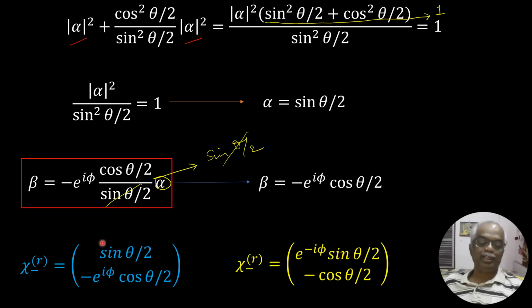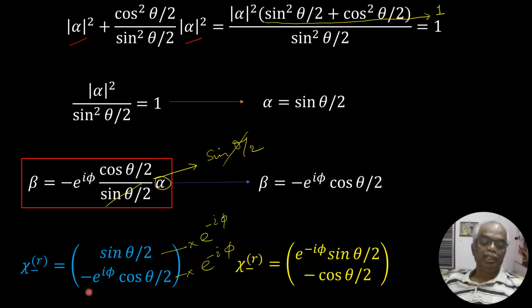The phase is different from the one which is given in the answer. So you have to multiply this by e to the power minus i pi, and here also multiply by e to the power i pi. This is after all a phase factor. Just changing the phase factor, your result will not change. You make sure of that. So the first term will become e to the power minus i pi sin theta over 2.